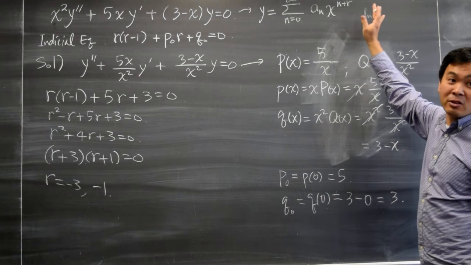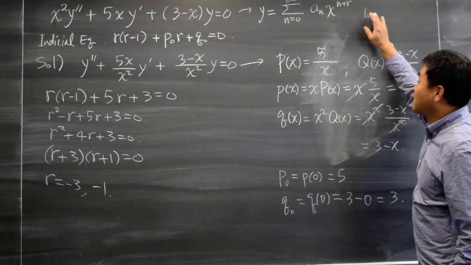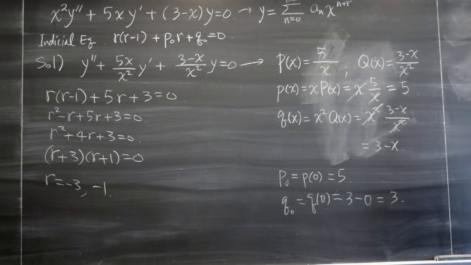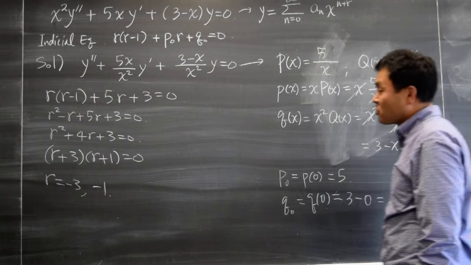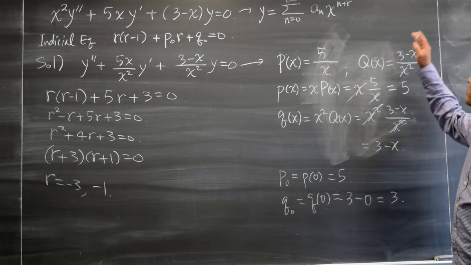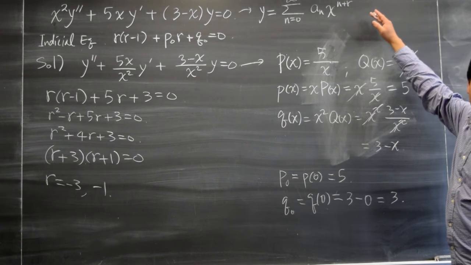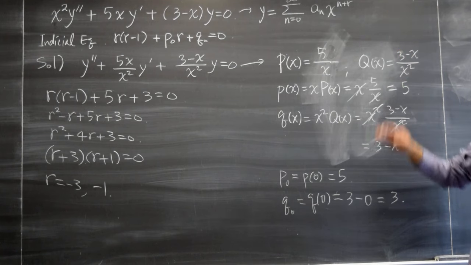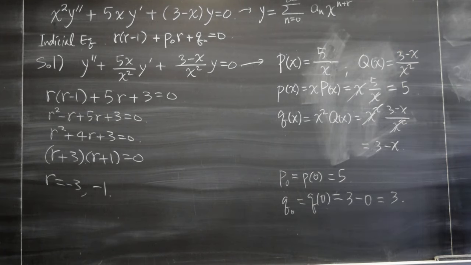So there's a logarithmic singularity somewhere. We're not going to go there, but that's what could happen. It could happen that for the lower value of r, you don't get the regular looking Frobenius type solution. You actually have to put a log there somehow.